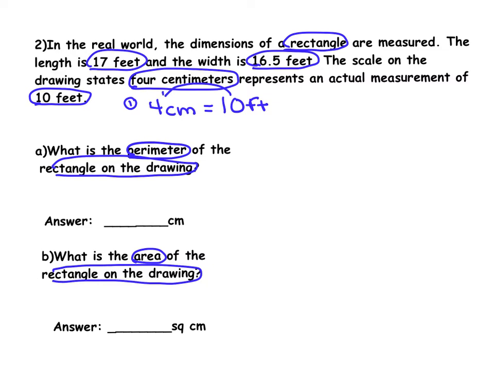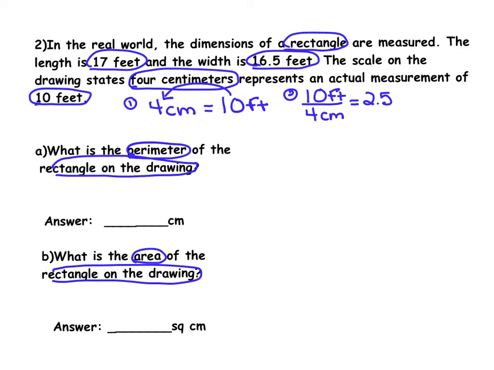Now, let's calculate the rate for this particular problem. Step 2, 10 feet divided by 4 centimeters. Take a moment, use your calculator, and divide. You should get a rate of 2.5.